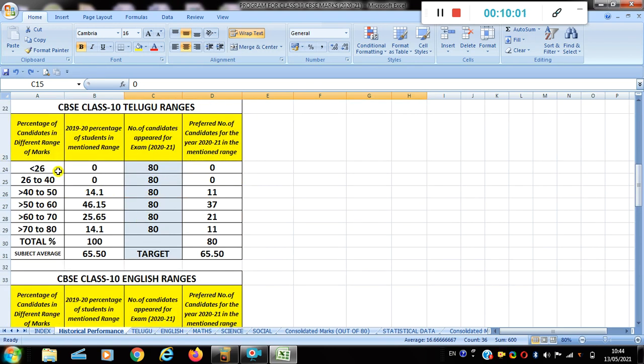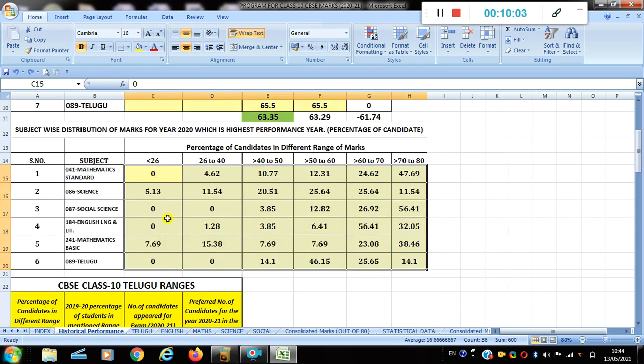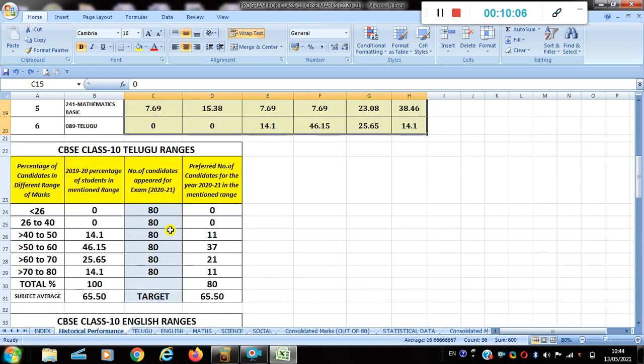Yes, from this table automatically here the entries will come as per the tabulation. Okay, less than 26, what is the percent, just understand. And 40 to 50, 14.1% students are there. 50 to 60, 46.15% students are there.